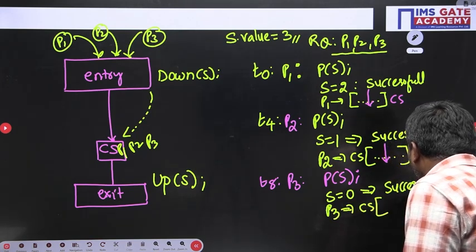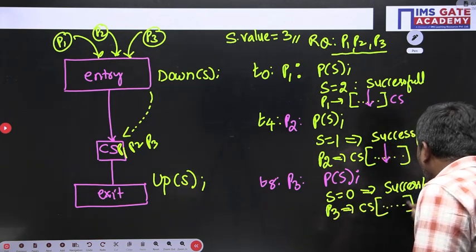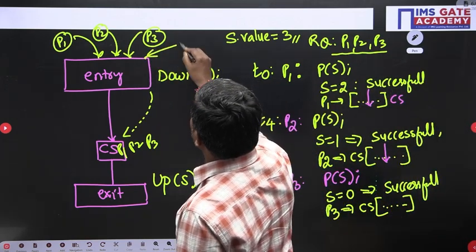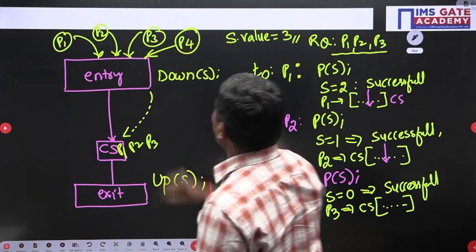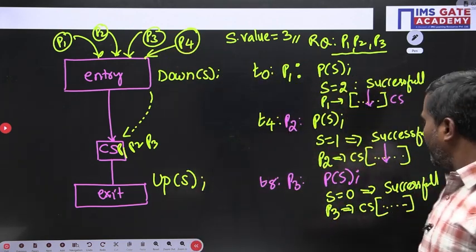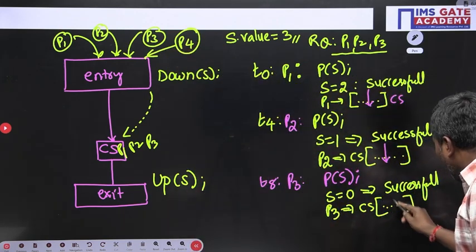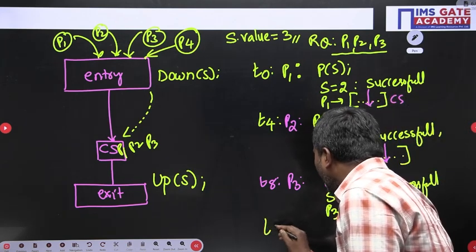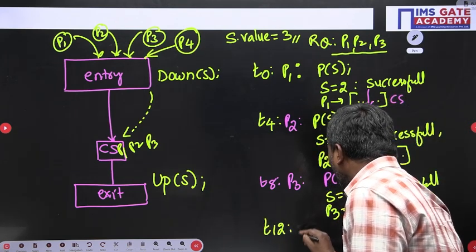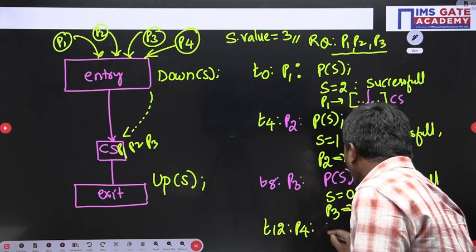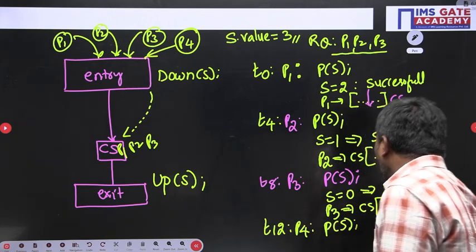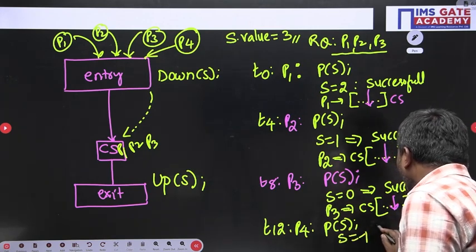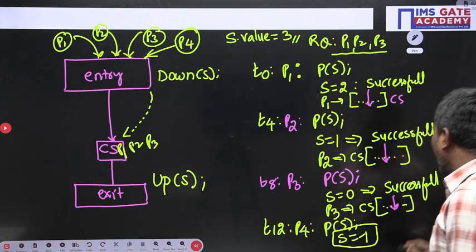So now process P3 is in the critical section and the code is running. Suppose we take one more process, P4, also trying to enter. If preemption occurs during this execution, let's take time T12, and process P4 is scheduled, it will also perform the P of S. Currently the S value is 0, so down means S equals -1.